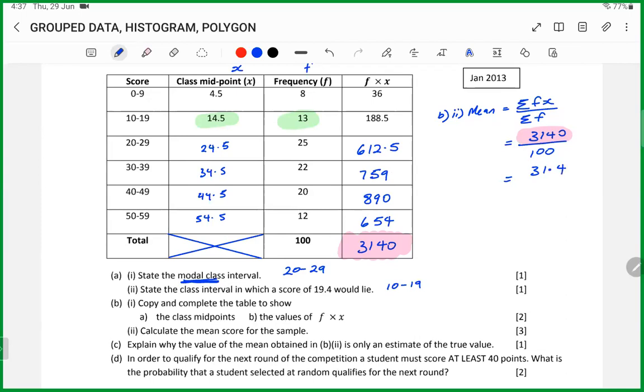Okay, so you should have gotten that the average score was 31.4.